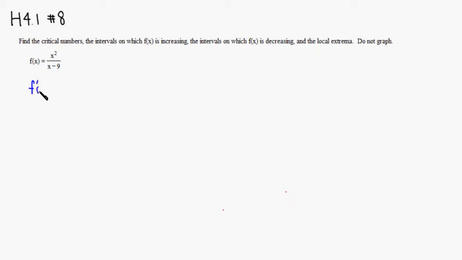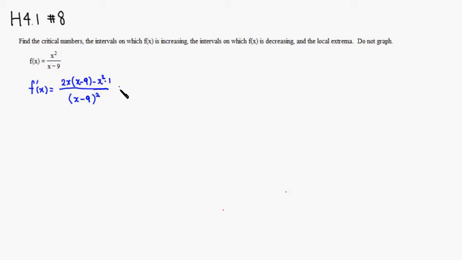So f prime of x is equal to, let's apply the quotient rule. Square the bottom, so (x minus 9) squared. The derivative of the top is 2x, times the bottom, x minus 9, minus x squared multiplied by the derivative of the bottom, which is just 1.